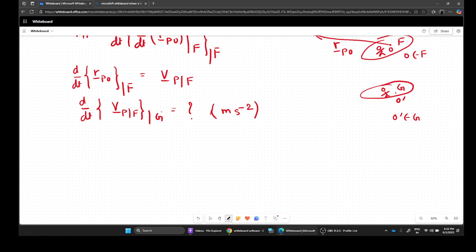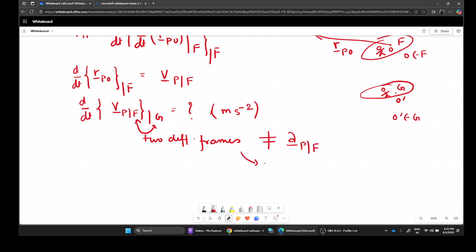But keep in mind that the presence of two different frames makes it a quantity which is not the same as APF.